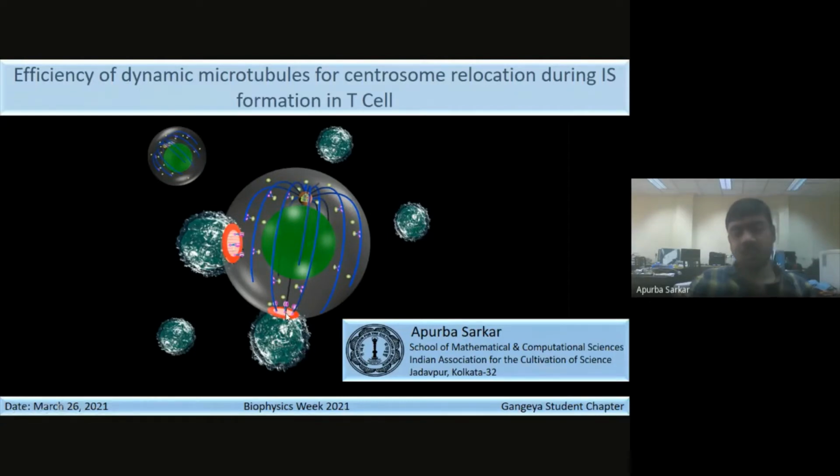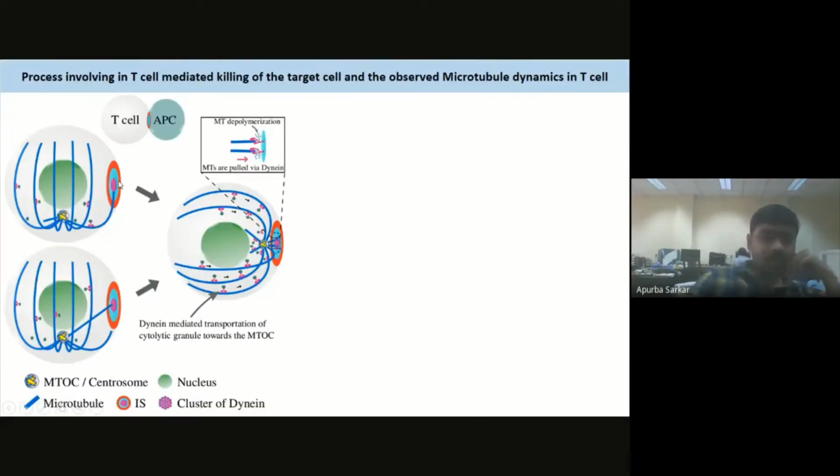After the formation of the IS, the microtubule of the T cell gets connected to this synapse through molecular motors. The efficiency of this bond formation between the microtubule and the IS determines how efficiently the target cell will be killed by the T cell. This engagement can happen in two ways.